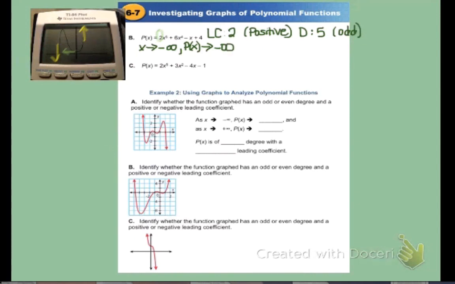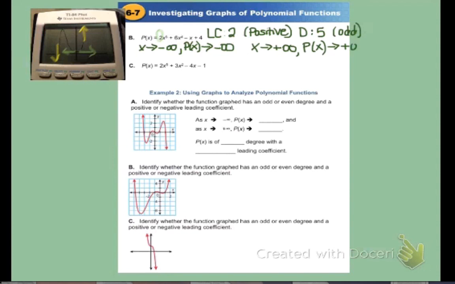And then I could look at the opposite direction, going this way towards the positive direction. Then I could say that as x is approaching positive infinity, then the function p of x is approaching positive infinity.